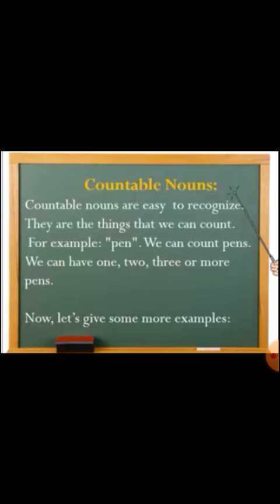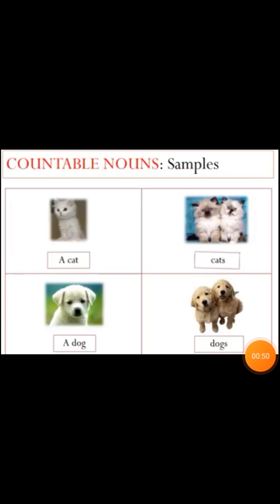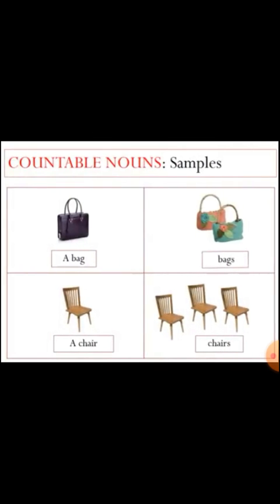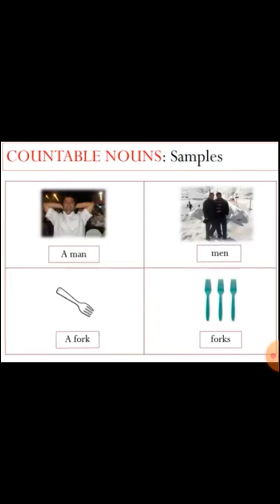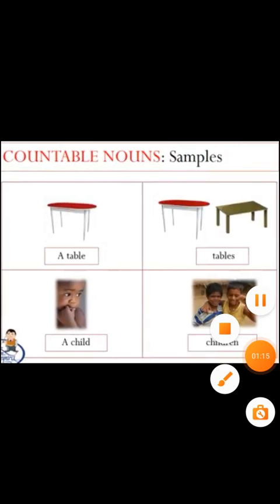Now let's give some more examples for countable nouns: a cat, cats, a dog, dogs, a bag, bags, a chair, chairs, a man, men, a folk, folks, a table, tables, a child, children, etc.